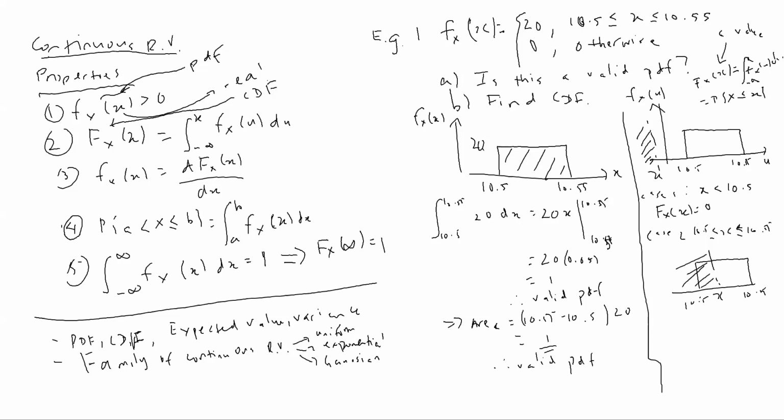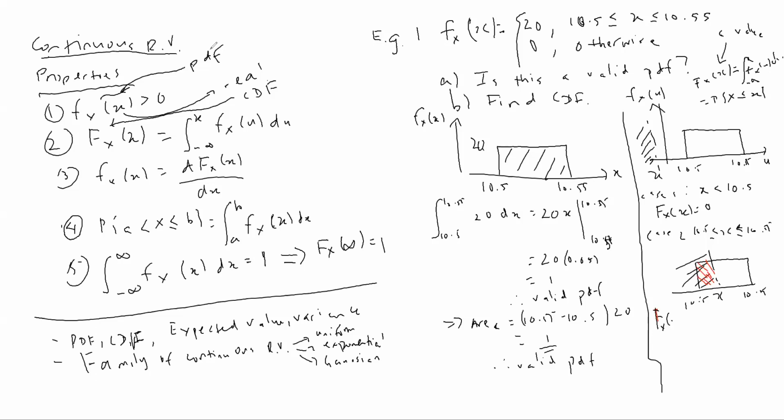The only region of interest is this region, the way I've sketched in red color here, because that's the only area with probability, isn't it? So you can calculate your CDF here now.